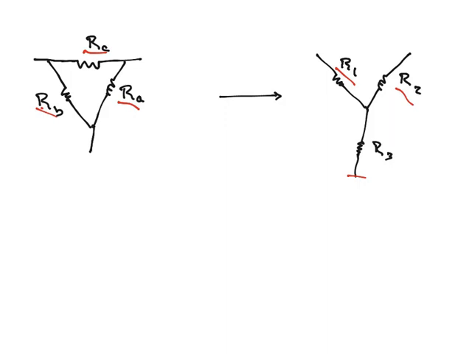One way to visualize this is to take my Y connection and put my delta connection on top of it, overlaid.